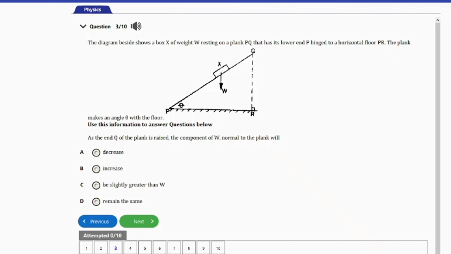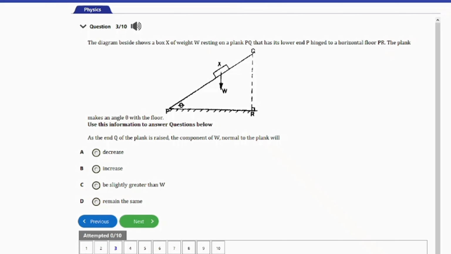It says, the diagram beside shows a box X of weight W resting on a plank PQ that has its lower end P hinged to a horizontal floor PR. The plank makes an angle of 90 degrees with the floor. Use this information to answer the questions below.